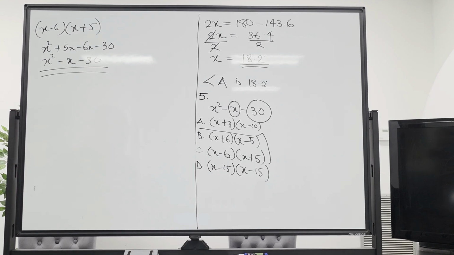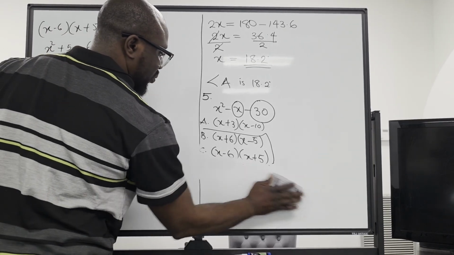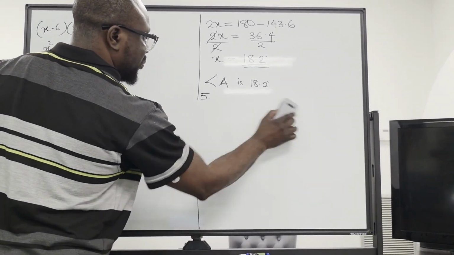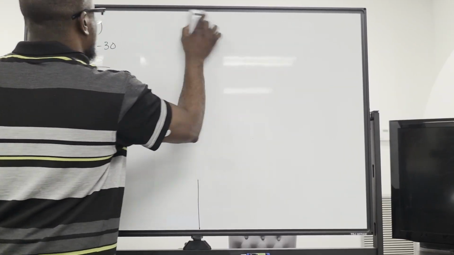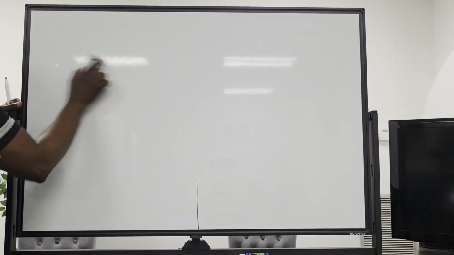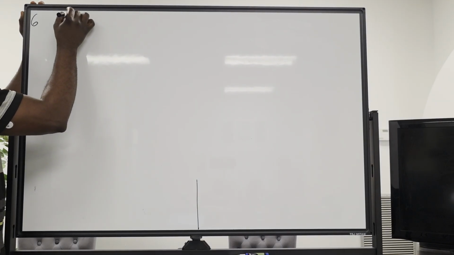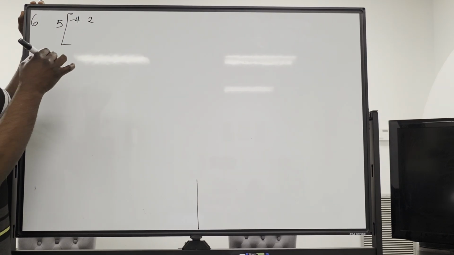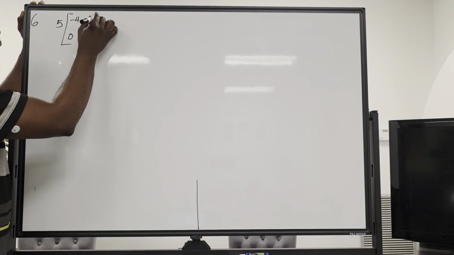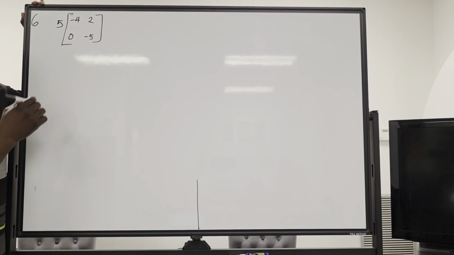Let's do question 6. Question 6, you're given a matrix. Which of the following matrices is equal to 5 times the matrix? The matrix is minus 4, 2, 0, minus 5.